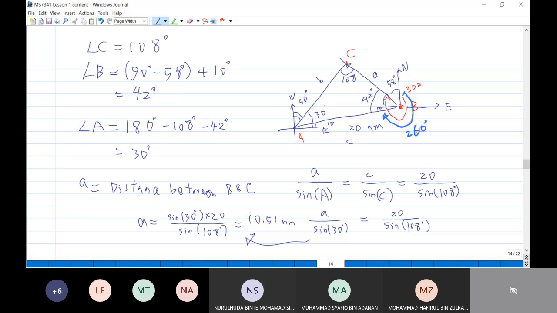But this is the distance between B and C. How do you tell the speed of vessel Y?